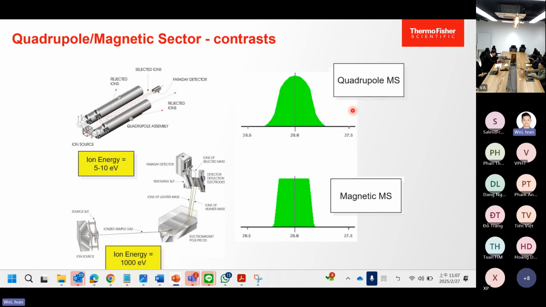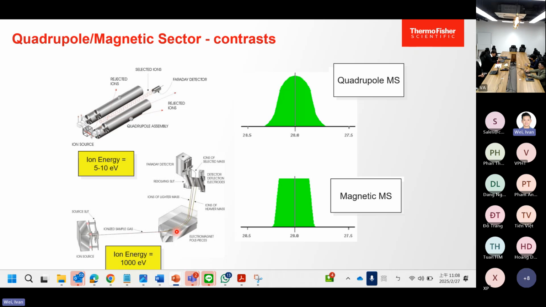In the lab situation, they are using quadrupoles. That means there are 4 different rods that change the fields, changing from DC to AC, and then they select a particular mass and let that particular mass of compound go into our detectors. However, for process mass spectrometers, we want our analyzer to be really durable, really rugged.